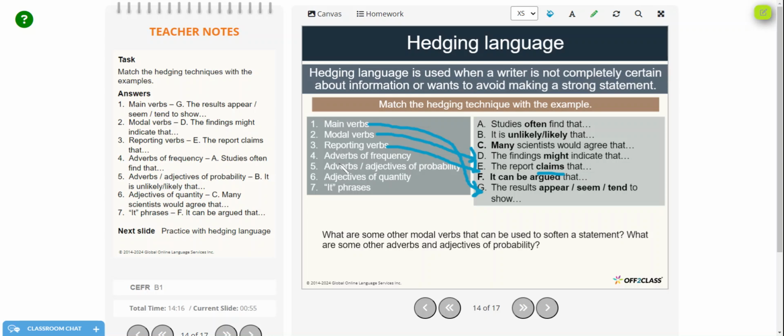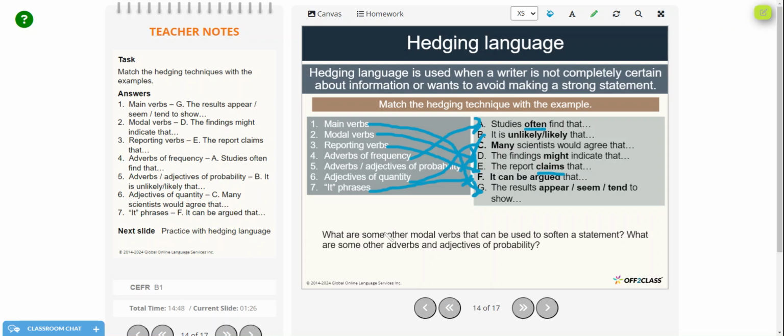Adverbs of frequency would be A. Studies often find that. Adverbs and adjectives of probability would be B. It is unlikely or likely that. Adjectives of quantity would be C. Many scientists would agree that. And it phrases would be F. It can be argued that.